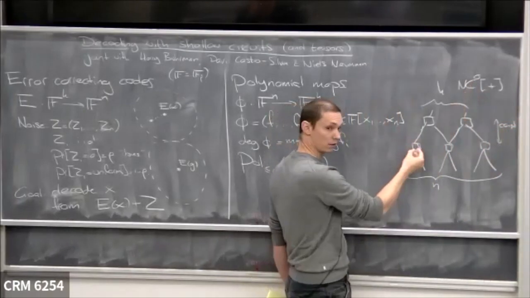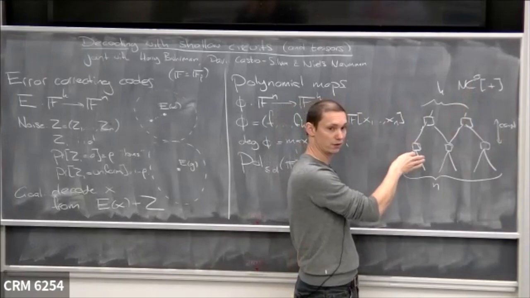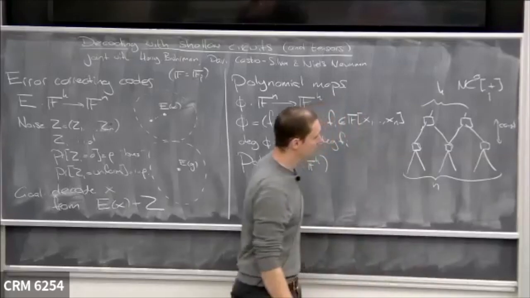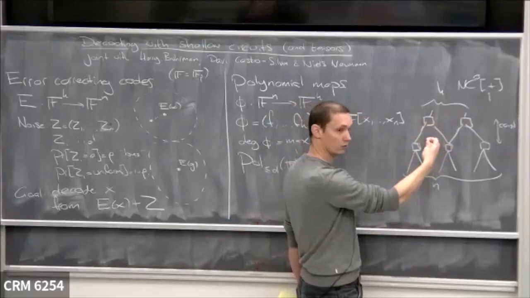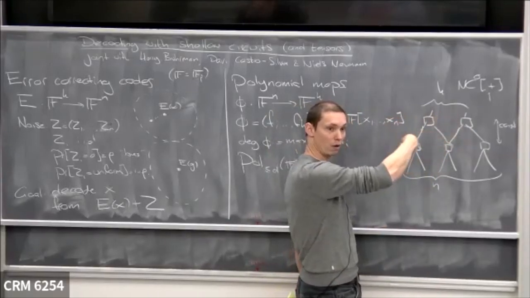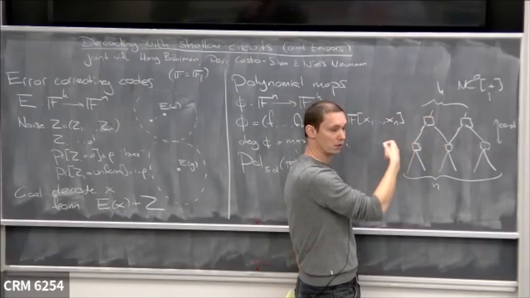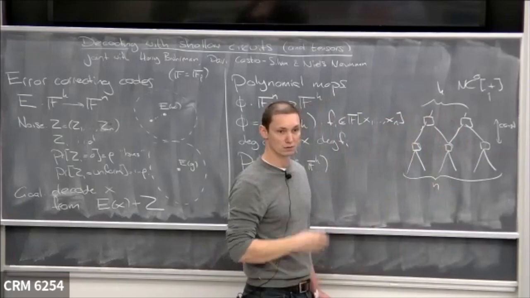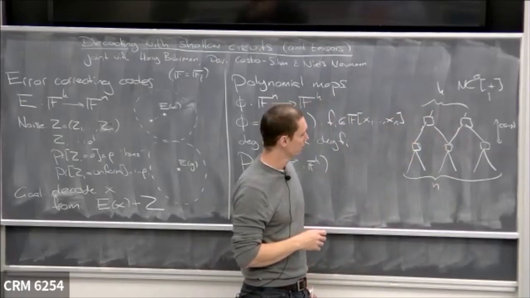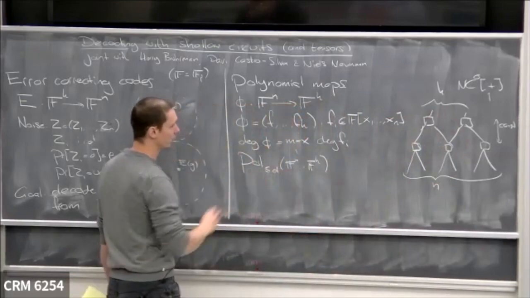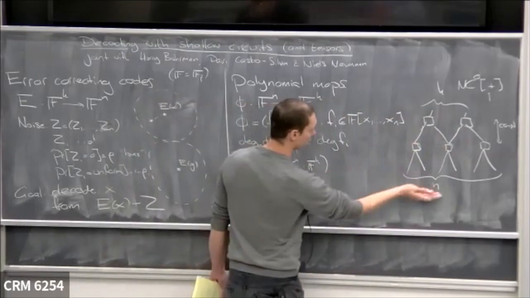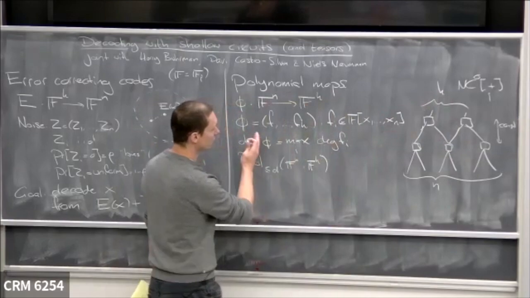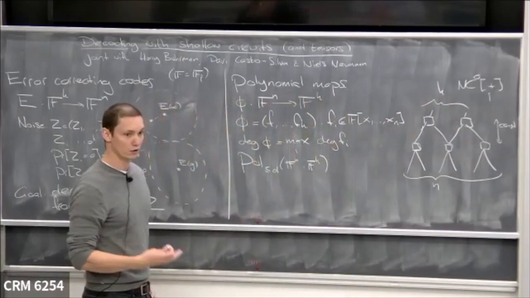These gates are arbitrary, have fan-in 2, except for one privileged gate, and that's the parity gate. There's one gate that you're allowed to use that's allowed to depend on all possible leaves, but is allowed to compute only the sum mod p, or in the case of F_2, the parity. And so there's a translation between the types of functions such a circuit can compute from F^n to F^k and polynomial maps of constant degree.